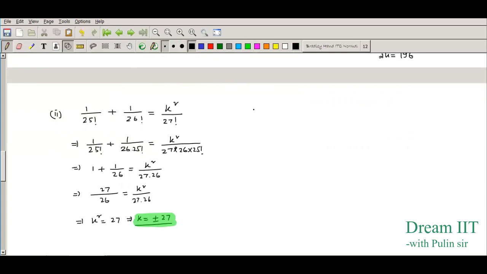Now the third one of exactly this kind, I want to take by making it general. Say 1 by n factorial plus 1 by n plus 1 factorial equals k divided by n plus 2 factorial. Here you proceed with the same idea. Let me expand it first.